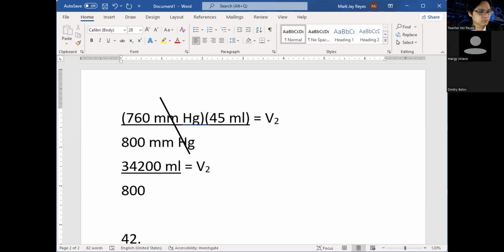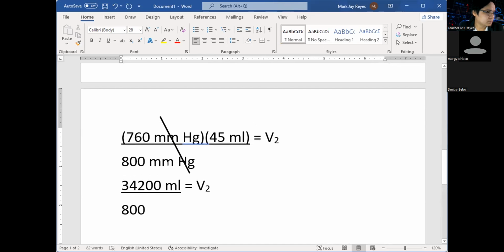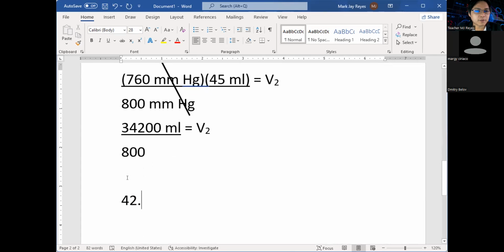Wait, 760. Okay, correct. So 34,200 ml divided by 800, the result is 42.75 or 43 ml. Is equal to V2.